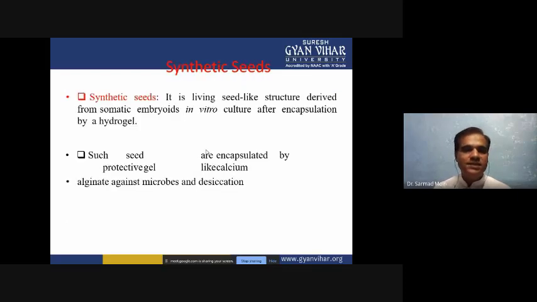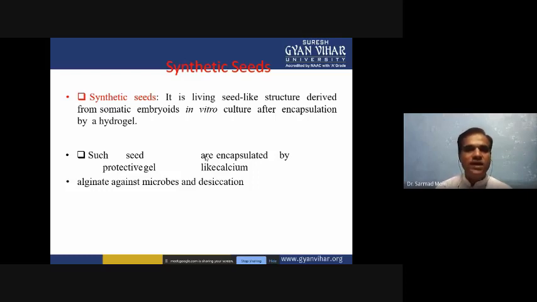Synthetic seeds are basically living seed-like structures derived from somatic embryos, and inside the living tissue is the somatic embryo, and for the seed coat we put these somatic embryos into an encapsulation. The seed coat works as an encapsulation, and your somatic embryo is the living part which can propagate as a plant.